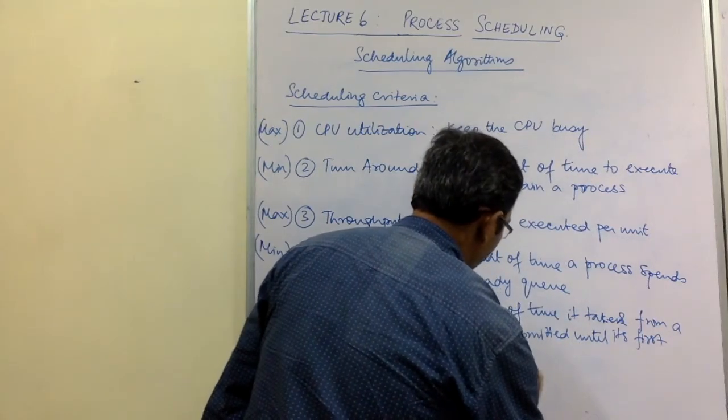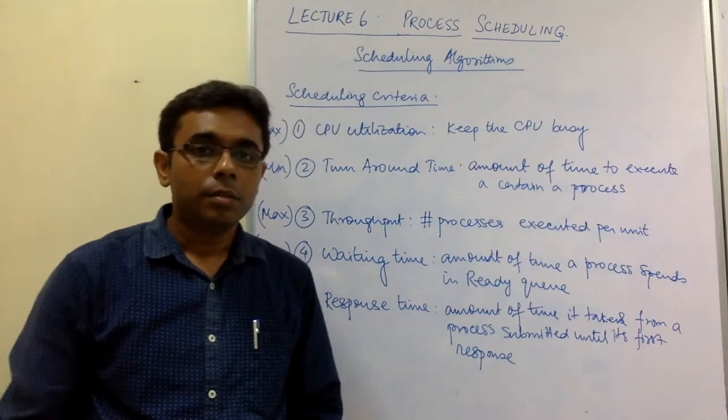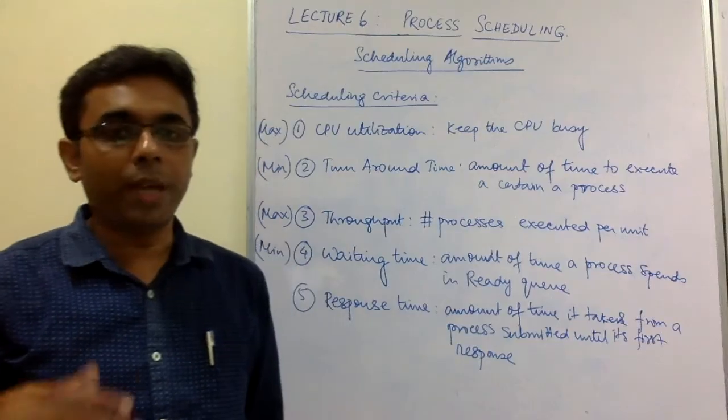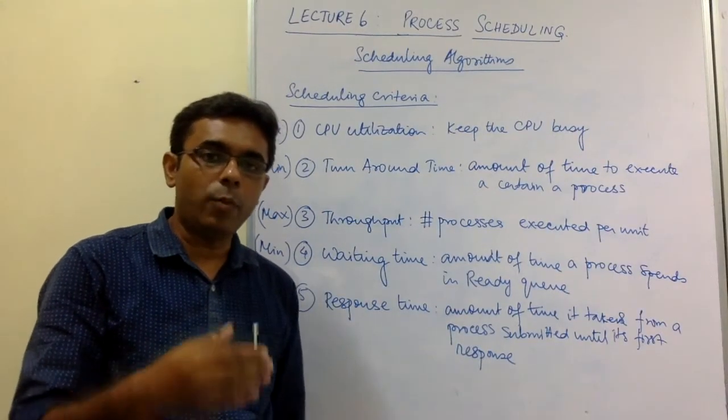When I say first response, I mean the process came and it may not be that it got a chance immediately to be executed on the CPU, right? So it was created and it waited in the ready queue.